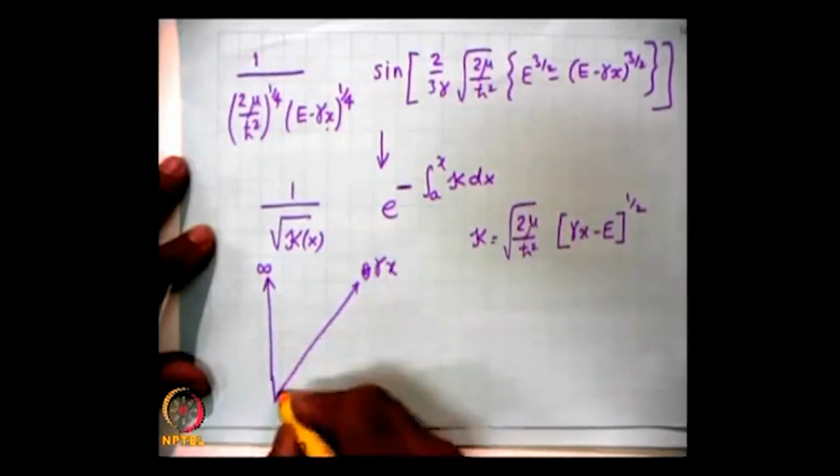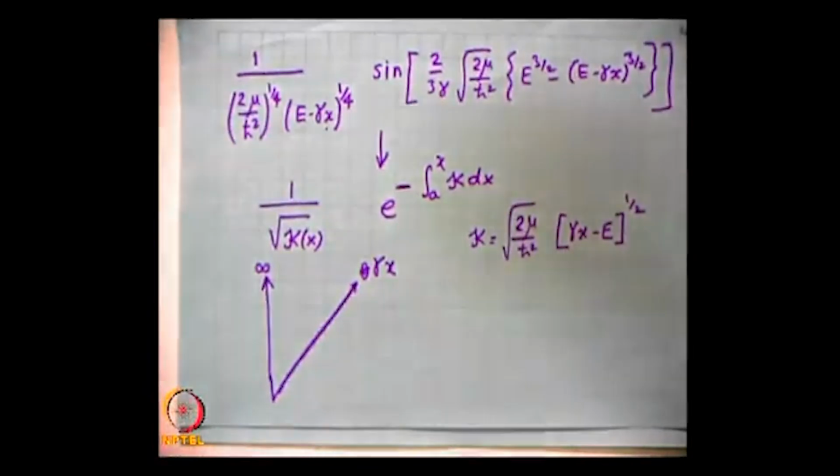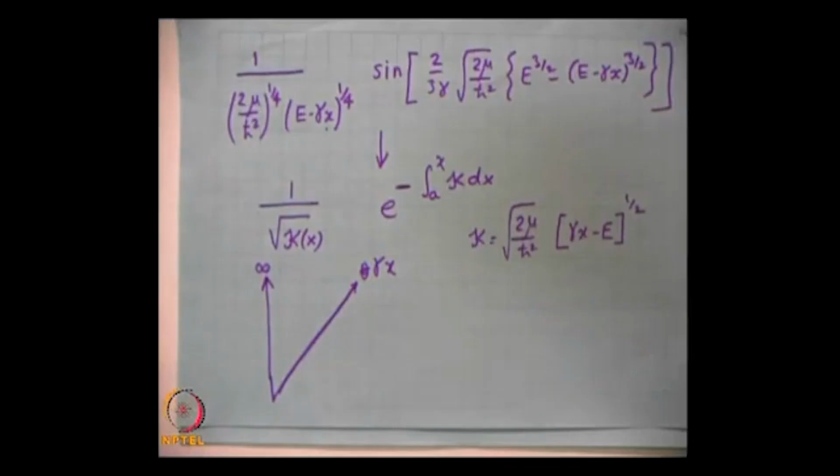In this region, I can write down the solution in terms of Airy functions, Ai functions and Bi functions, which are related to the Bessel functions. So for those who have not heard about the Airy functions, let me mention that they are related to J 1 by 3 functions. So in fact, one can obtain the exact solutions of this problem.